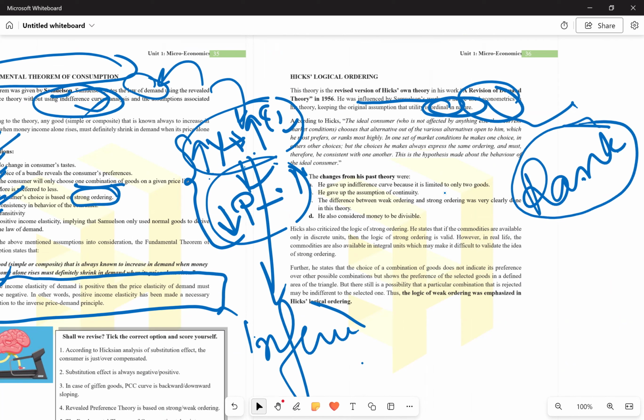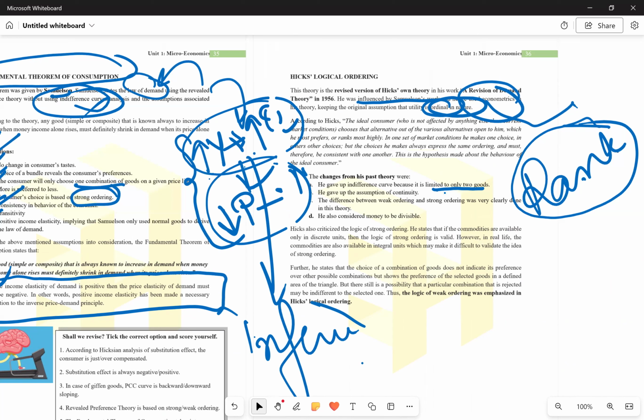And what he gave up was that while indifference curve was related to only two goods, we had two axes, good X, good Y, that's all. But Hicks said, no, in reality, we consume unlimited number of goods. We can consume many goods at a time, right? So even if you look around you, you're consuming many things at a time.